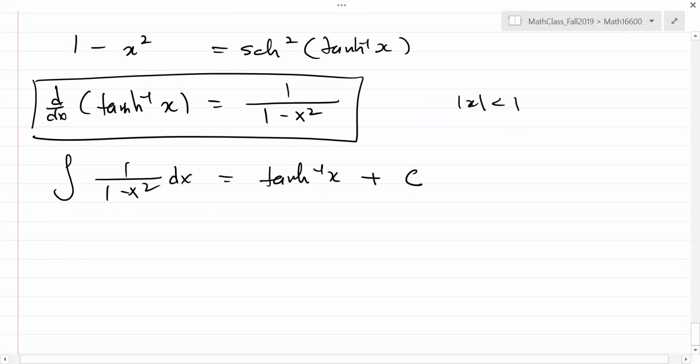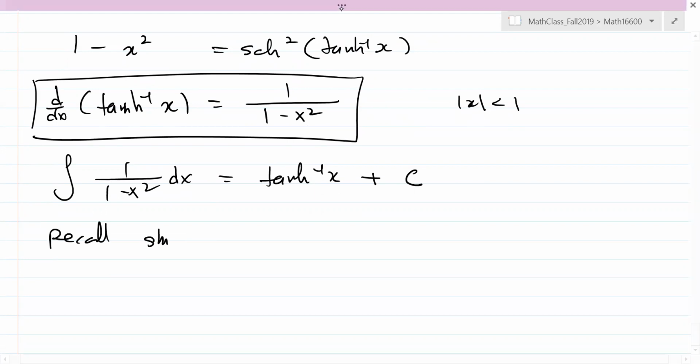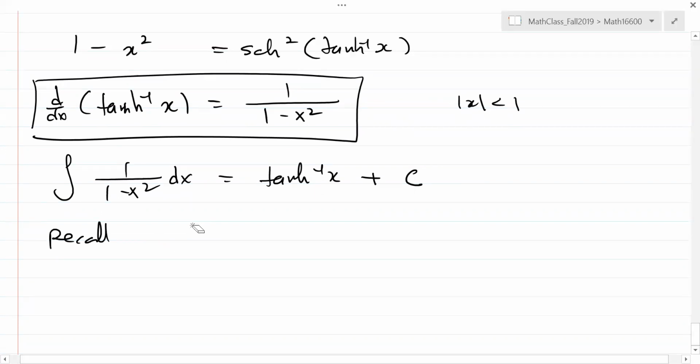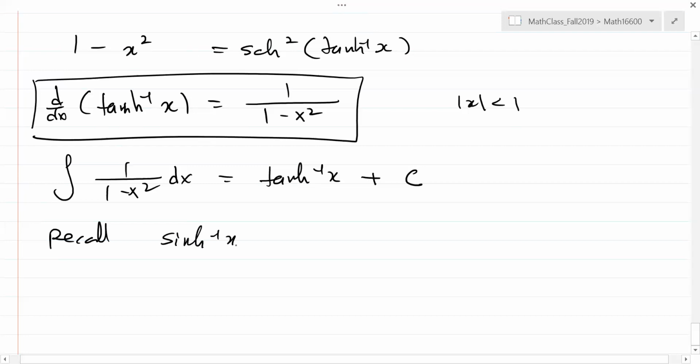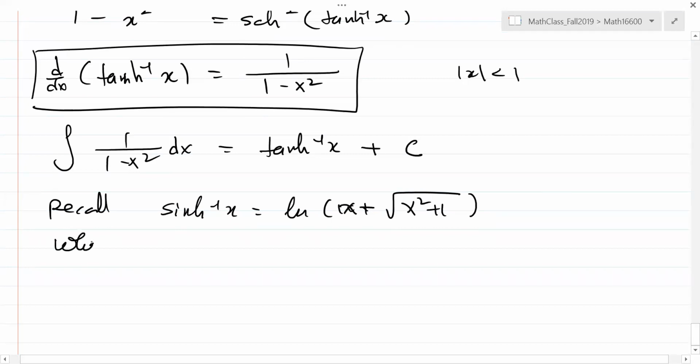We did this, recall that. So my question is, what is this? Can we express it in terms of x? It's possible, right?